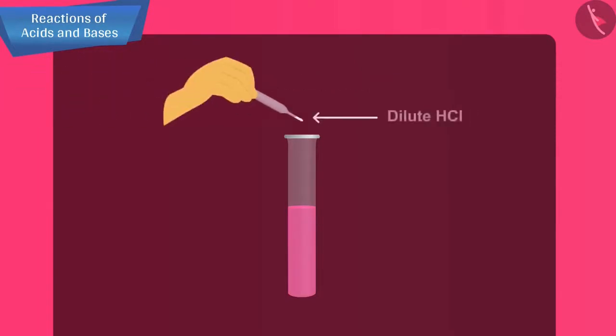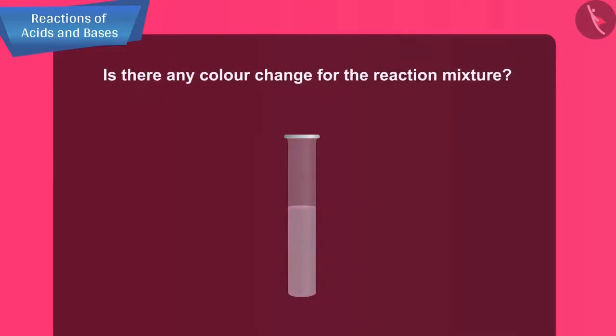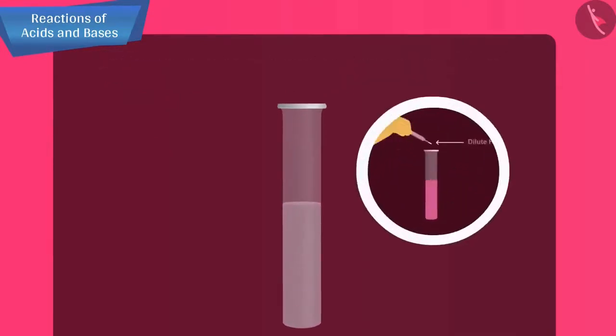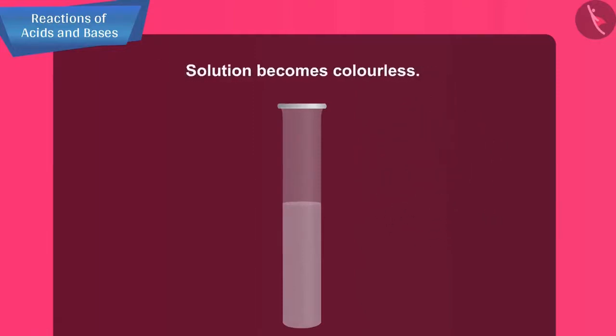Add dilute HCl solution to the above solution drop by drop. Is there any color change for the reaction mixture? We will observe that after adding some amount of HCl, the pink color disappears and the solution becomes colorless.